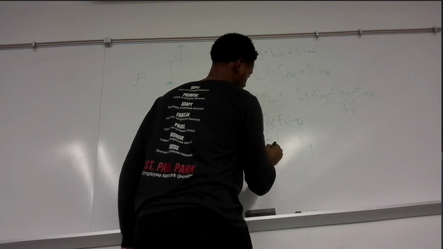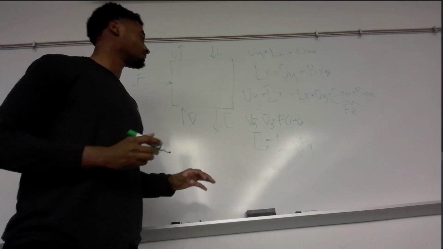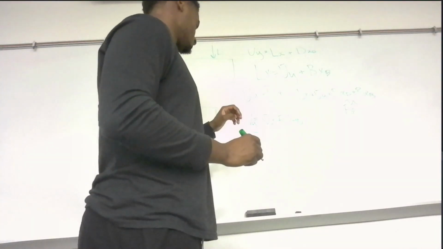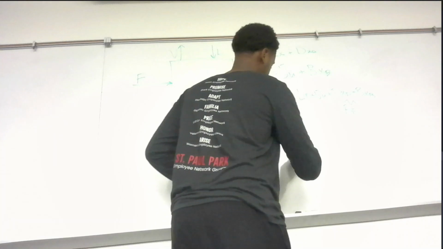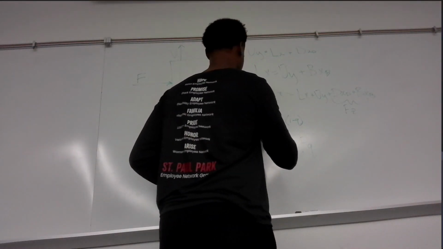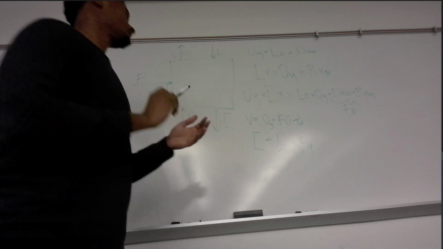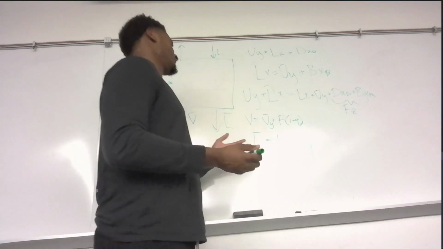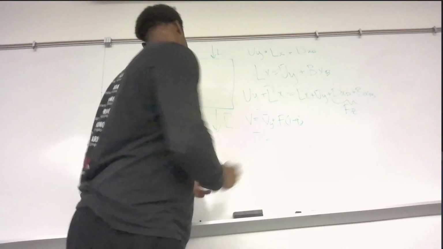So we add in these compositions as well. This is just flow rates. So now that we've done that, we can plug these back into this overall equation that we've made here.